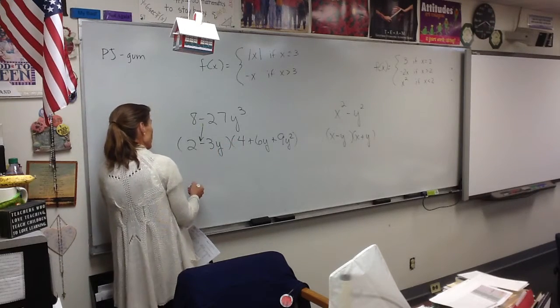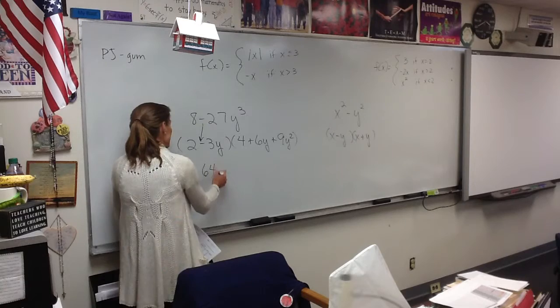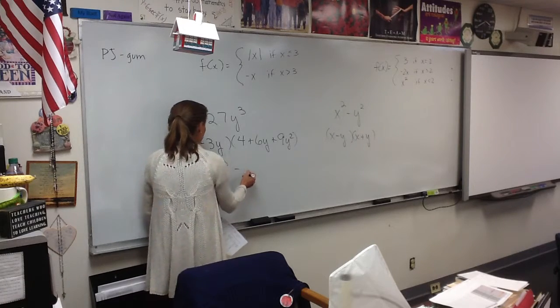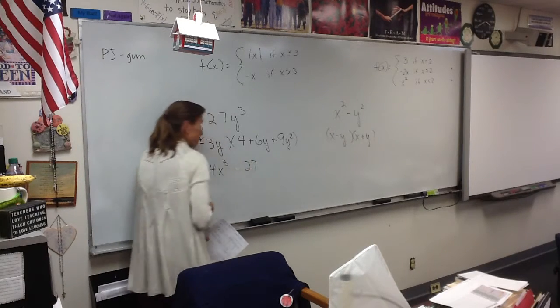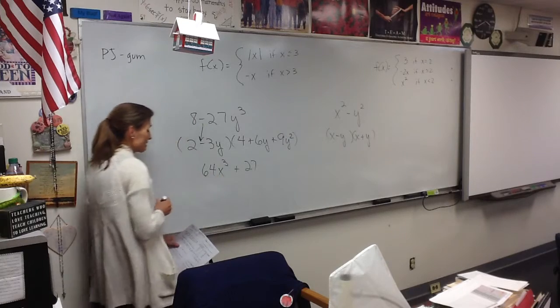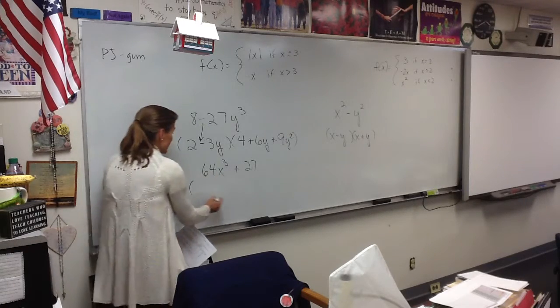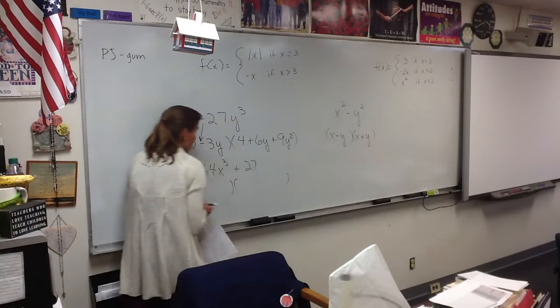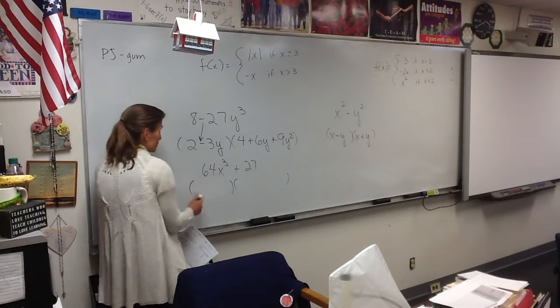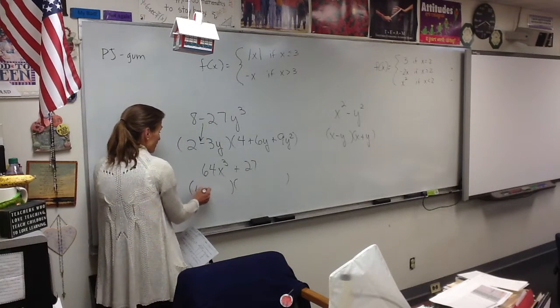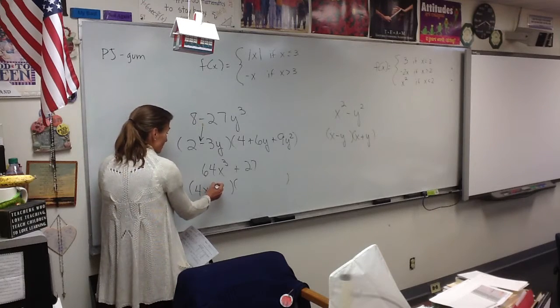So if we had a different problem, 64x cubed minus 27, or let's do plus, 64x cubed plus 27. What would go in the first parentheses? These are cubes now, so what would go in the first parentheses? 4x plus 3.